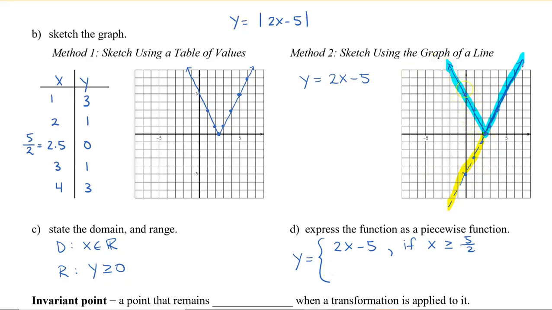And then the left line is actually the negative of this 2x minus 5 function. So I'm going to put this as negative, and then in brackets 2x minus 5. And this occurs when x is less than 5/2, which is this x-intercept here.